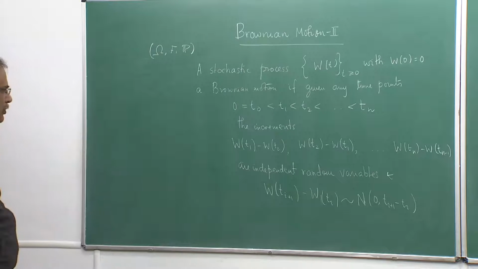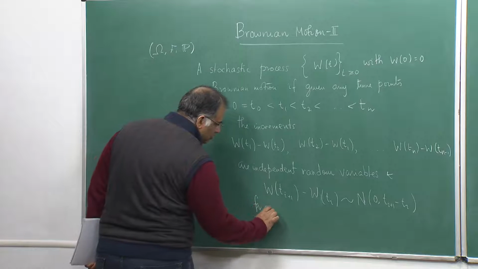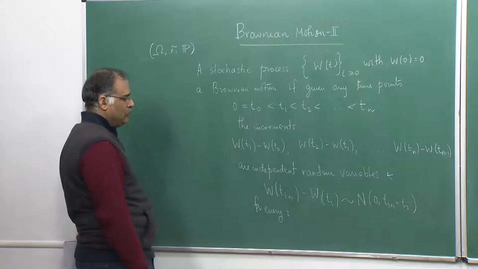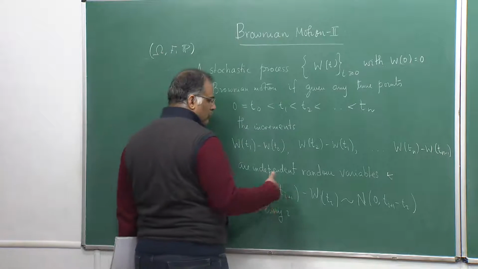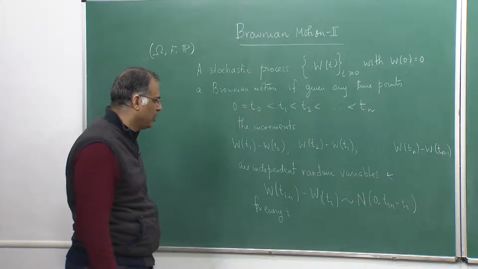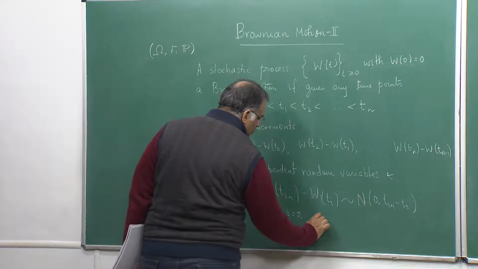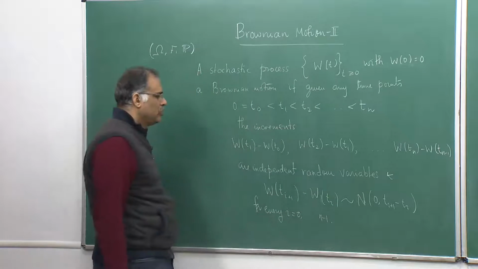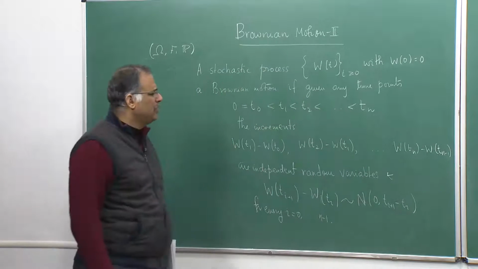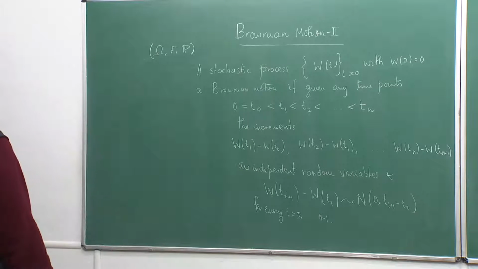This has to hold for every i, starting from i equal to 0 to i equal to n minus 1. Each of these follows a normal distribution. This is what is called Brownian motion.